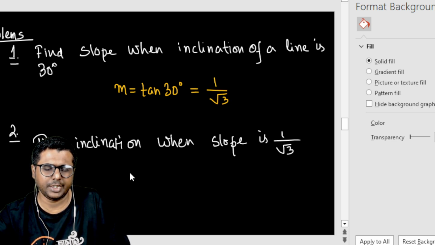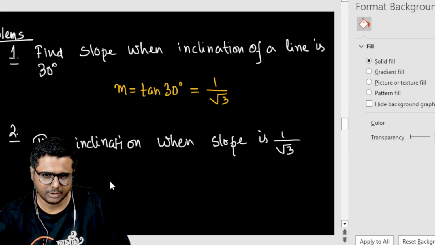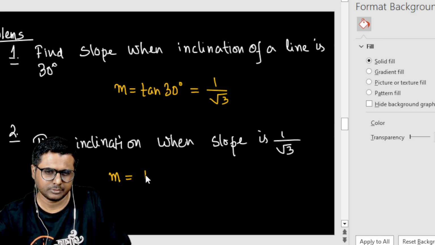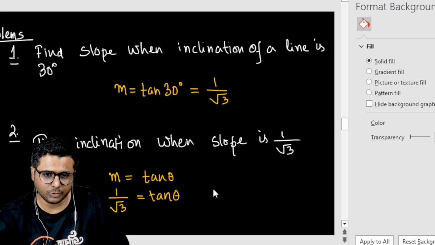Next question is find inclination when slope is 1 by root 3. So here we have to write it like this: m is equal to tan theta. Now m is given, 1 by root 3, is equal to tan theta. Now after this how you have to write?